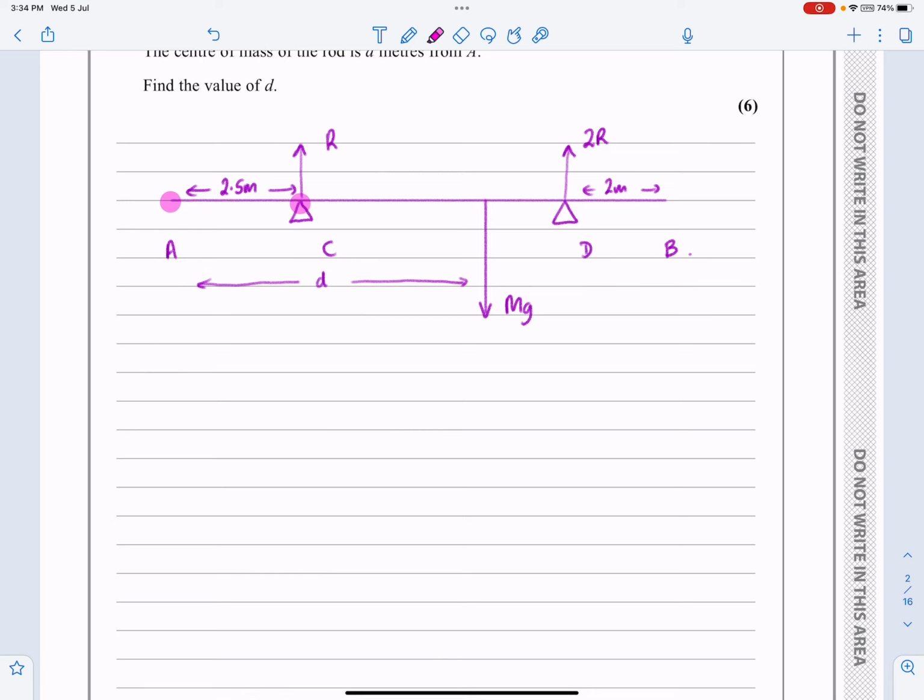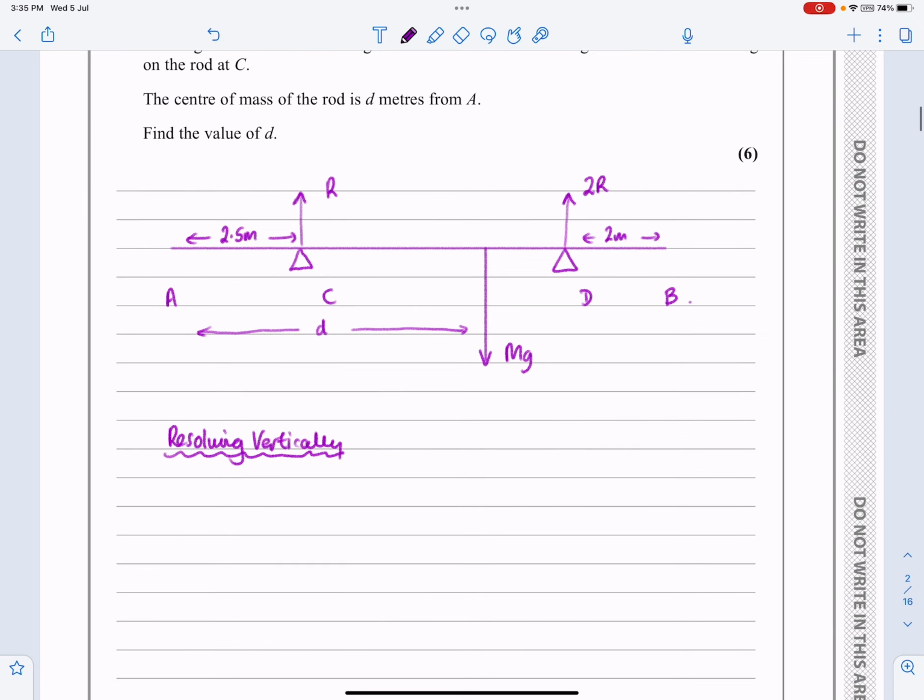I'll make a decision based on what I've got as I'm going through the question. But resolving vertically is nice and simple, so let's get that done straight away. Tell the examiner what you're doing. So I'm resolving vertically, and I'm going to get that R plus 2R is equal to mg, or in other words, 3R equals mg.